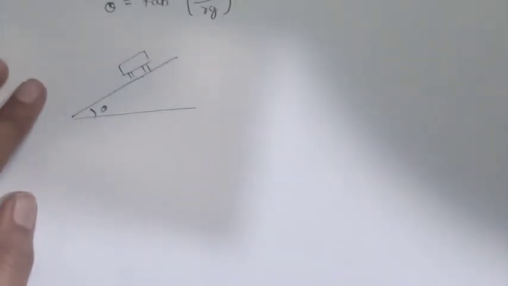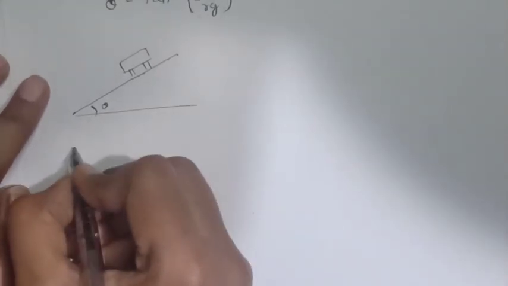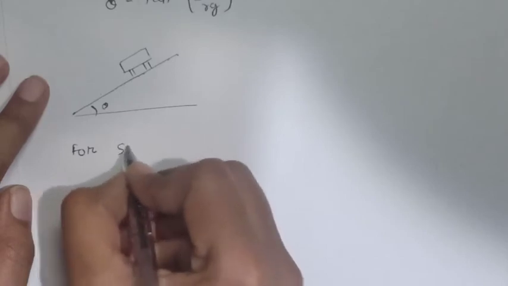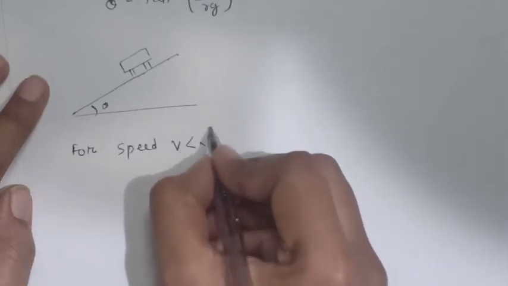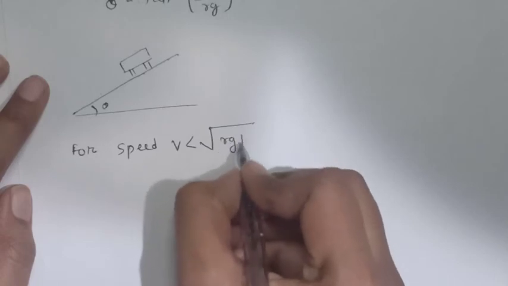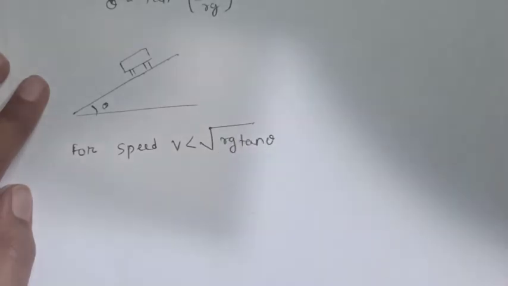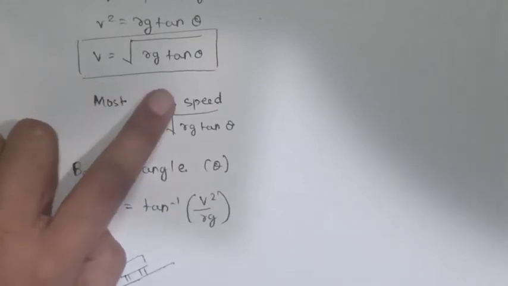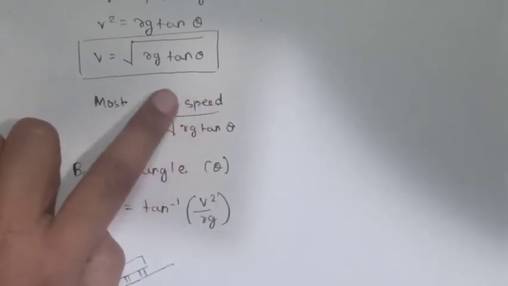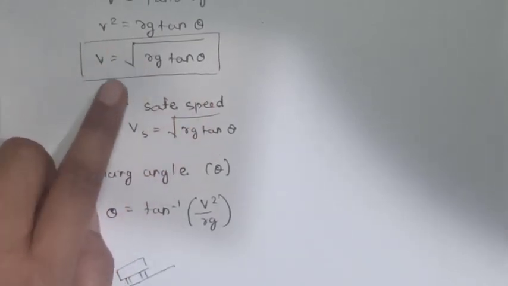As we are considering the speed limit, first consider speed v less than under root Rg tan theta. What does it mean? We have the expression of speed equal to under root Rg tan theta, so we will consider the value of speed less than this value.